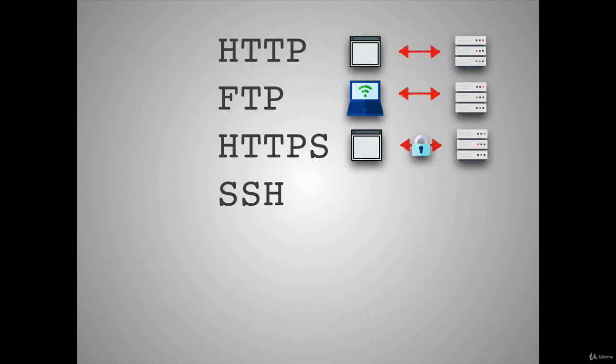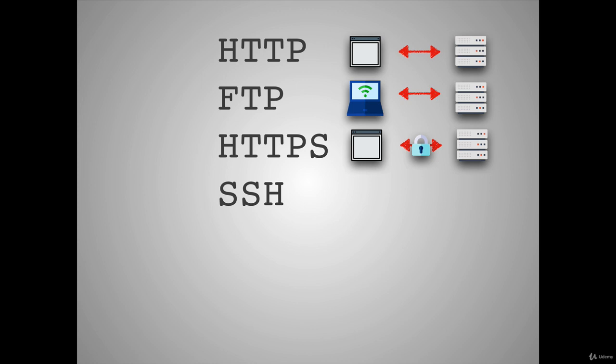For example, HTTP, or Hypertext Transfer Protocol, allows you to send files over the internet like HTML, CSS, and JavaScript files between browsers and servers. FTP, or File Transfer Protocol, allows you to send files as well and is often used when you upload files to something like HostGator or a generic hosting platform from your computer.